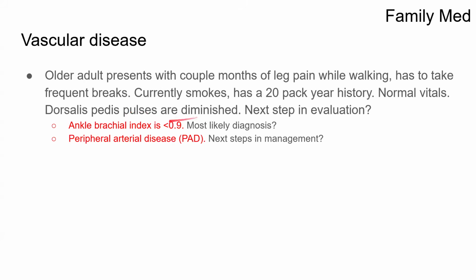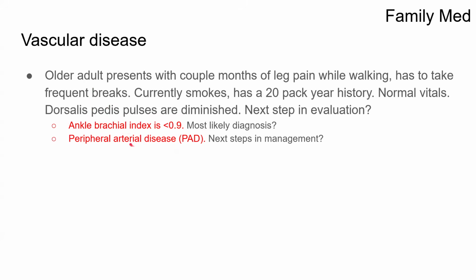If there's a difference between the two, then you're suspecting peripheral arterial disease. That's just diminished blood flow to those arteries from atherosclerosis or something like that, which clinically shows up as the decreased dorsalis pedis pulses and then the decreased ankle brachial index.